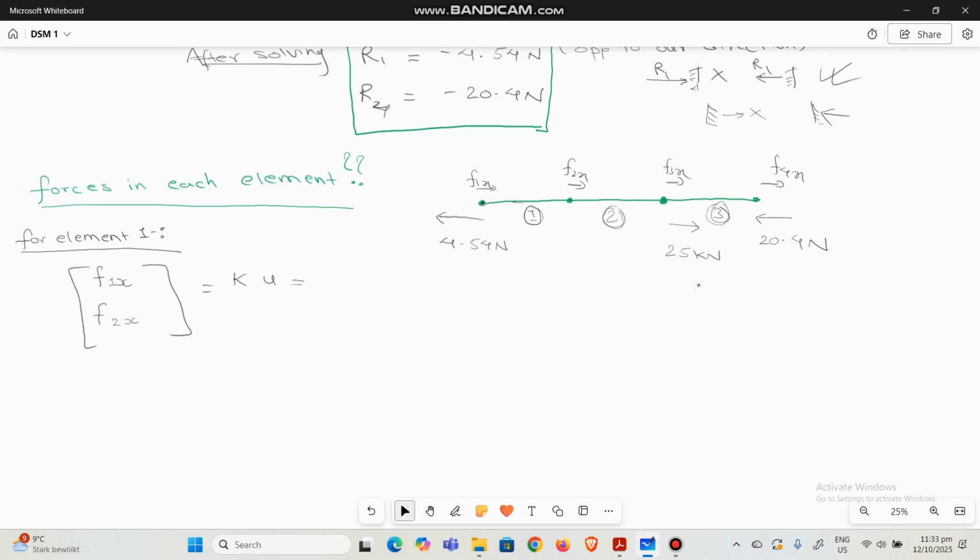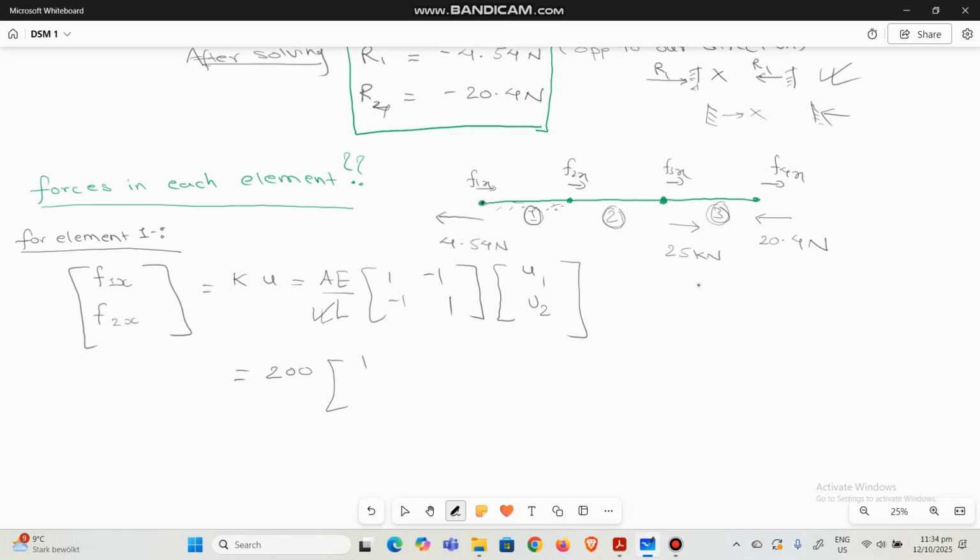For the first element, the value is A by L times the matrix 1, minus 1, minus 1, 1, and then we have our displacement at node 1, node 2, because this is the section we are concerned about. The value of A by L is the stiffness we are given, which is 200.